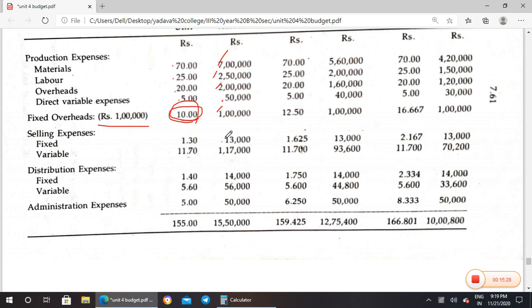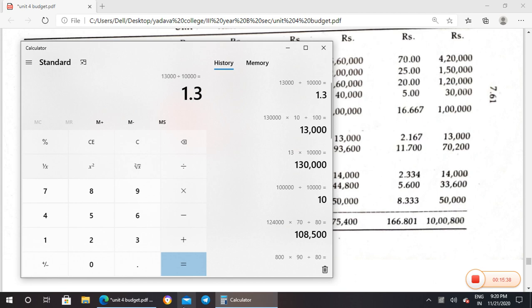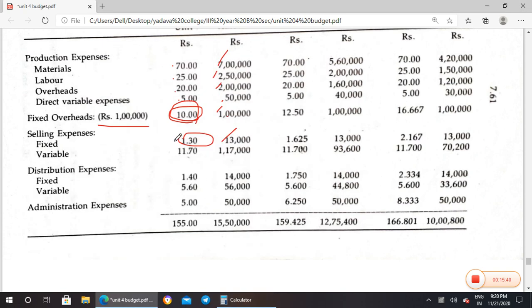We have shown 13,000, but per unit we may not know it, so divide by units: 13,000 divided by 10,000, you will get 1.3 as the per unit rate.